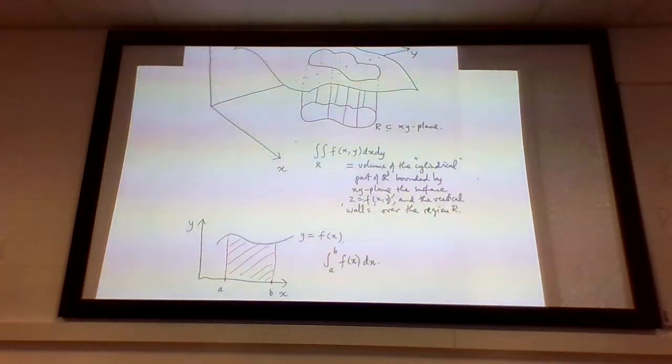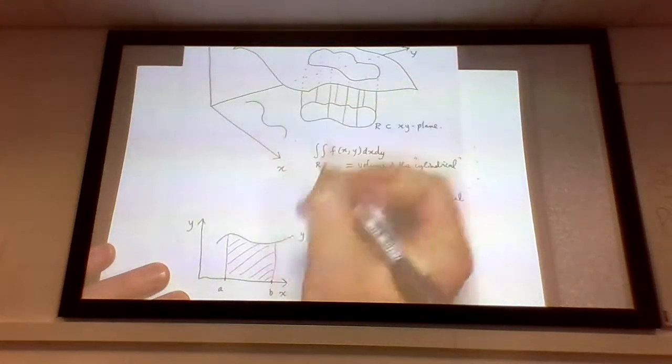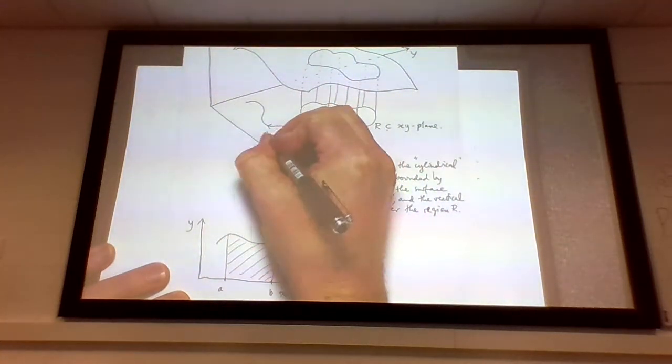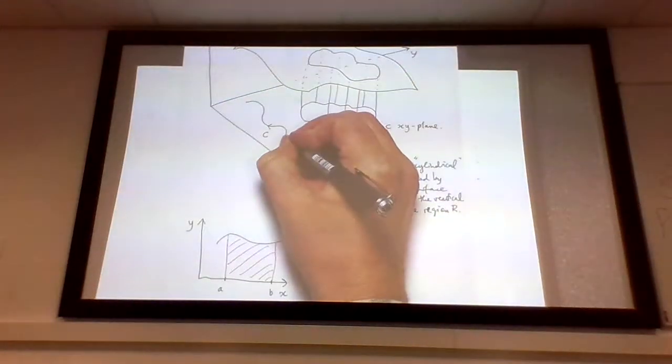So that's going to be one type of integral we look at, but there are other kinds of integral that we can talk about. We could also consider curves C in the domain of the function.